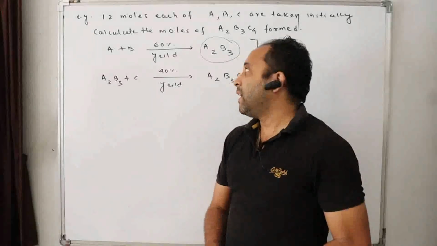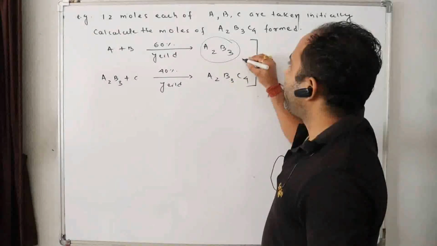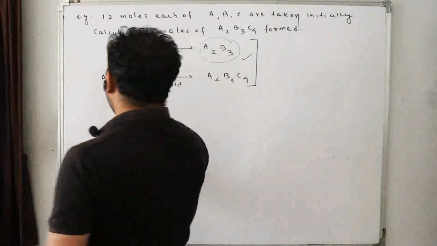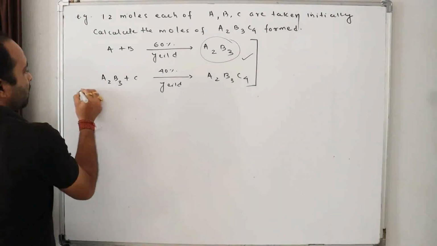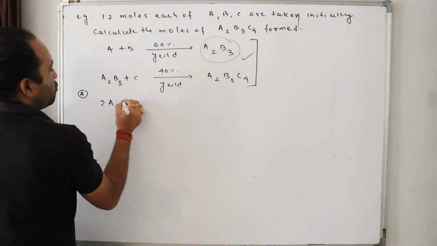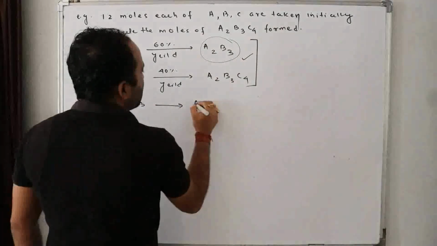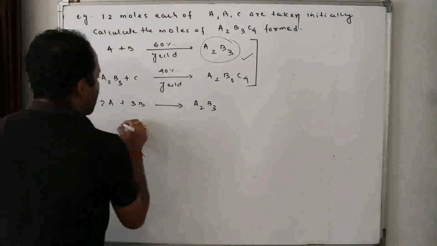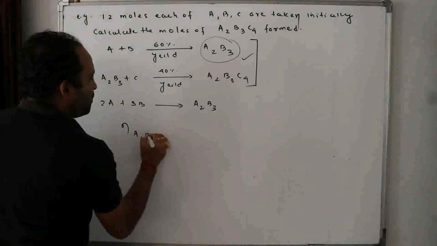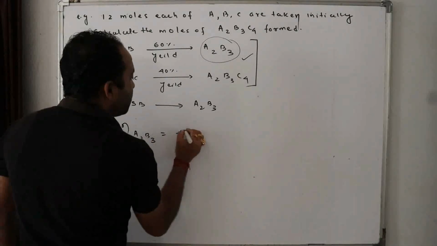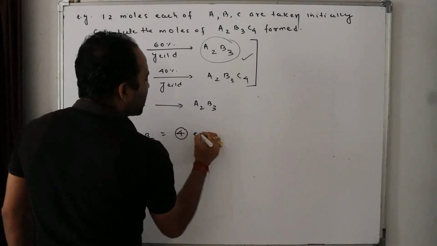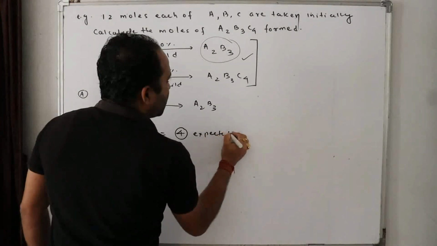Let us find how to calculate it. In the first case, we calculated in the previous question that 2A plus 3B gives A2B3, and the number of moles of A2B3 formed was 4. This was expected, isn't it?